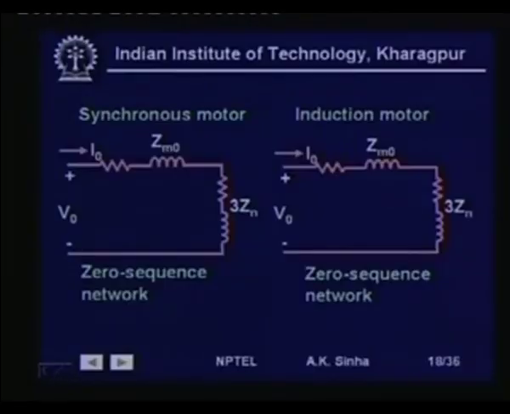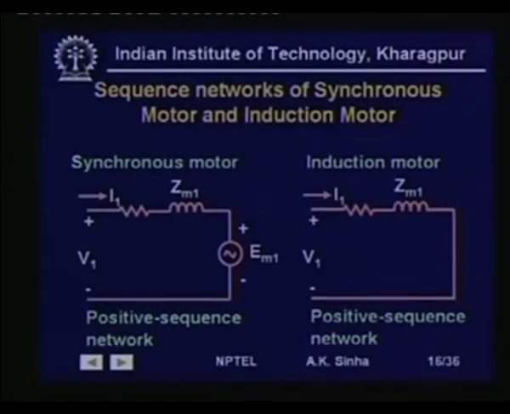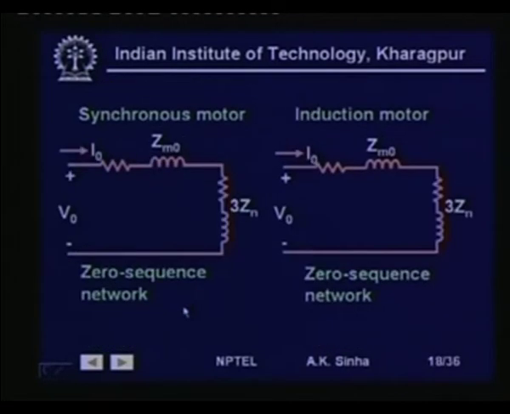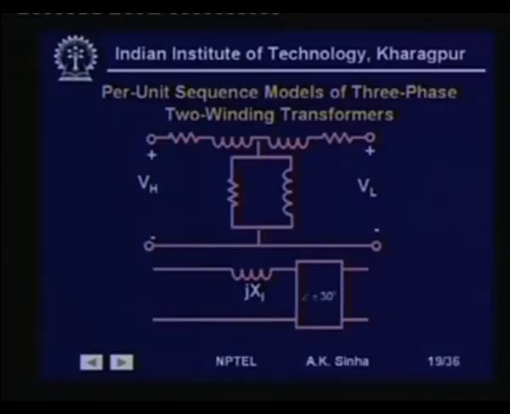So, the network model are going to be as shown here. The positive sequence for the synchronous motor will have the voltage source, whereas there won't be any voltage source for the induction machine. The negative and zero sequence networks are basically the passive network having the negative and zero sequence impedance of the machines.